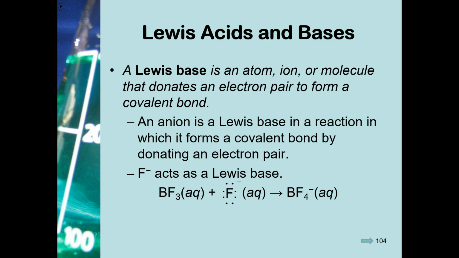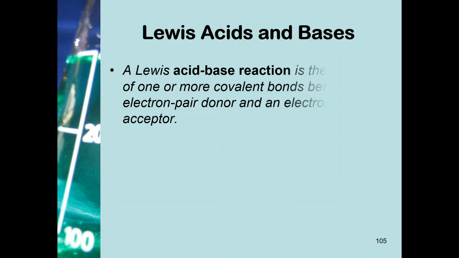Notice in this situation with the Lewis acid-base definition, there are no hydrogen ions, there are no hydroxide ions at all involved here, but we have substances that are behaving like acids and bases. So a Lewis acid-base reaction is the formation of one or more covalent bonds, maybe an important thing to remember, between an electron pair donor and an electron pair acceptor.